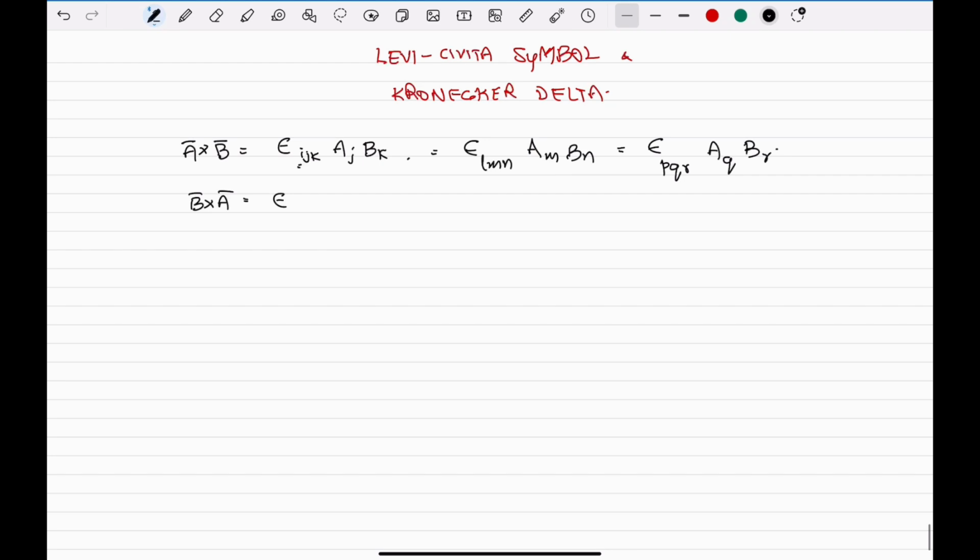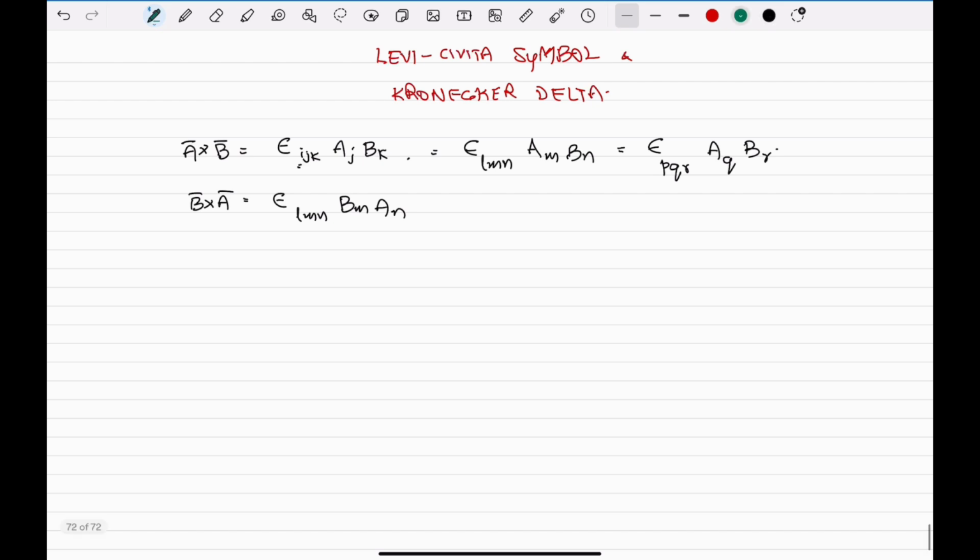epsilon lmn bm an. The M subscript will be used for B, the first vector, and for the second vector n will be there.